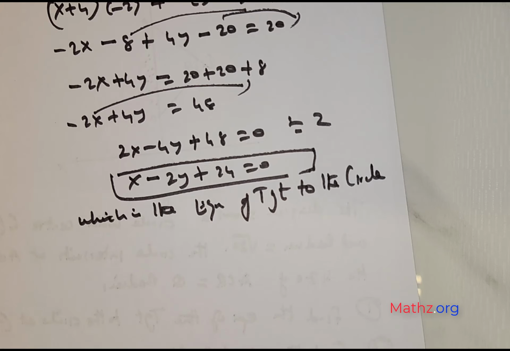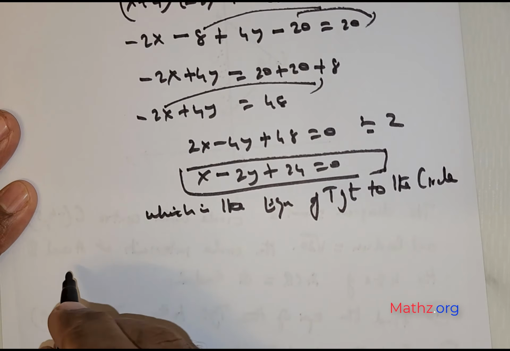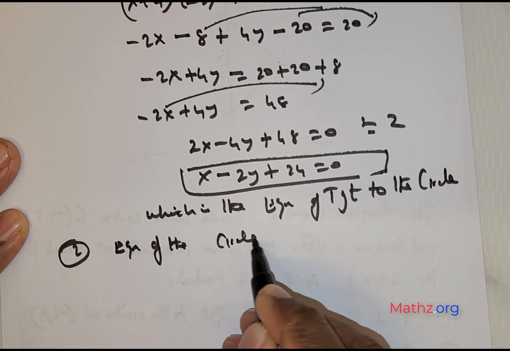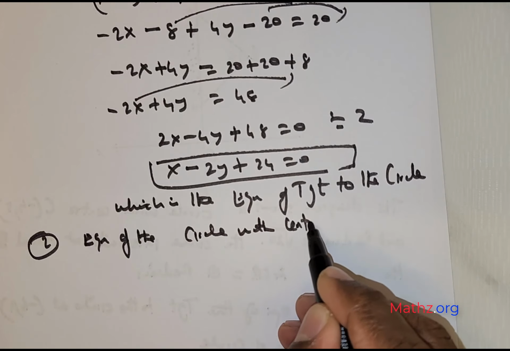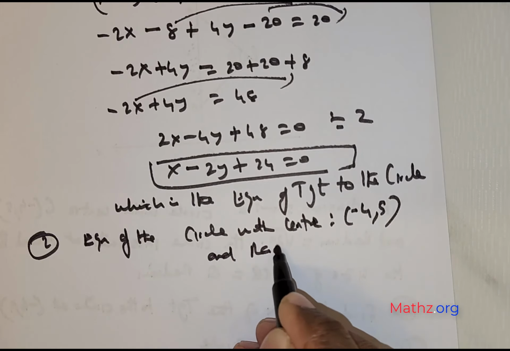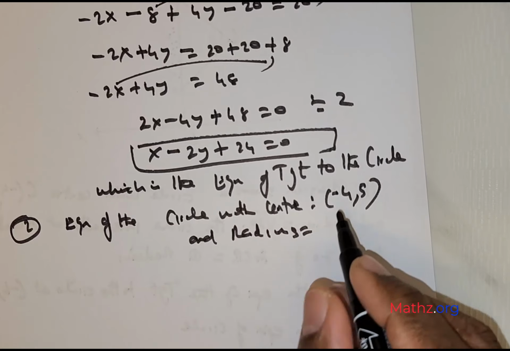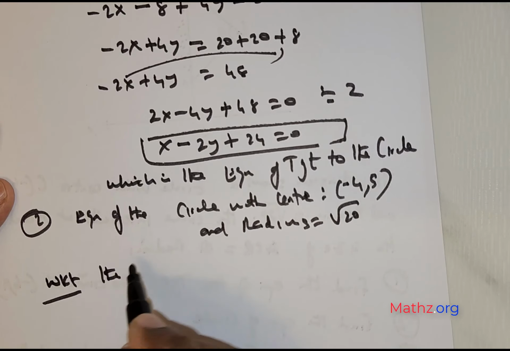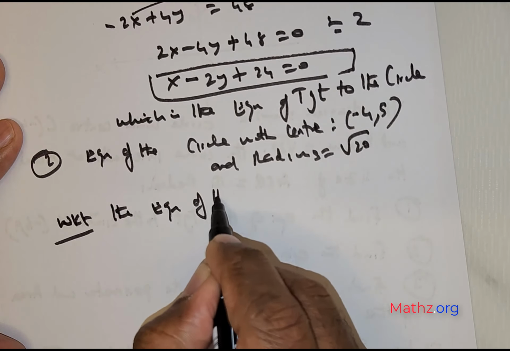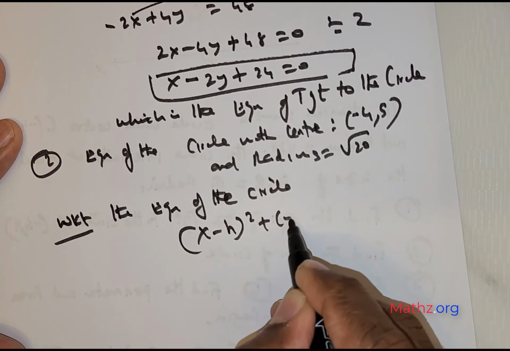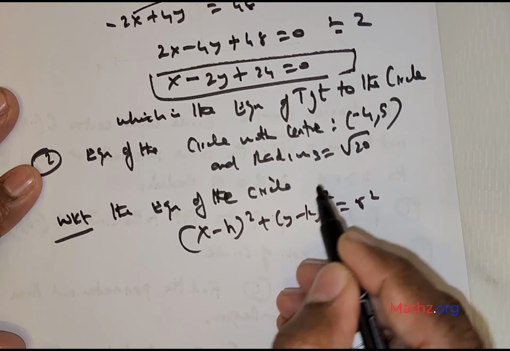So that is got. Now we are asked to find the equation of the circle. This is the next part. Finding the equation of the circle with the center. What is the center? Center is (-4, 5), and radius is root of 20. So we know the equation of the circle to be (x - h) whole squared + (y - k) whole squared = r squared.